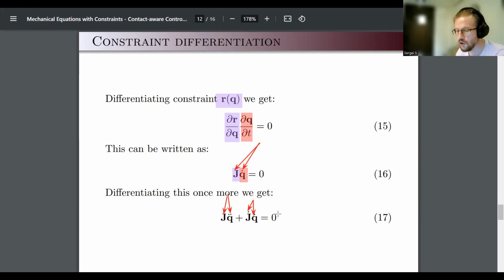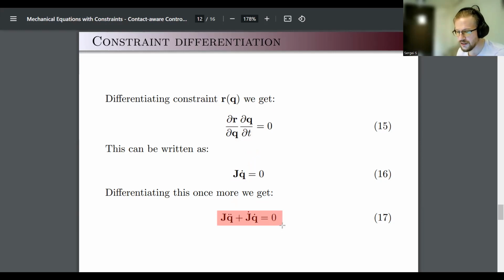Okay, so this is what we have. We have expression 17, which is the constraint equation differentiated twice. This is an absolutely canonical, extremely important equation.